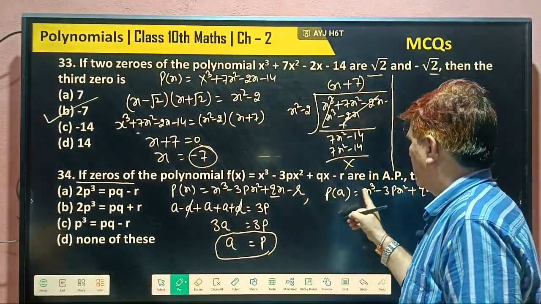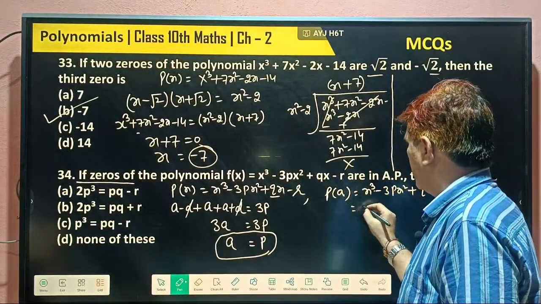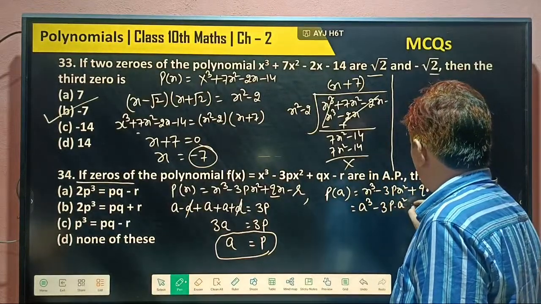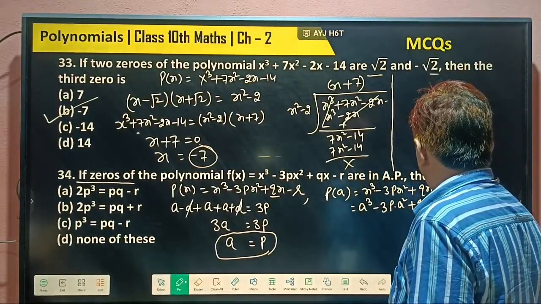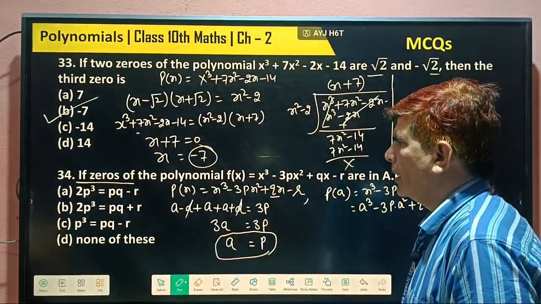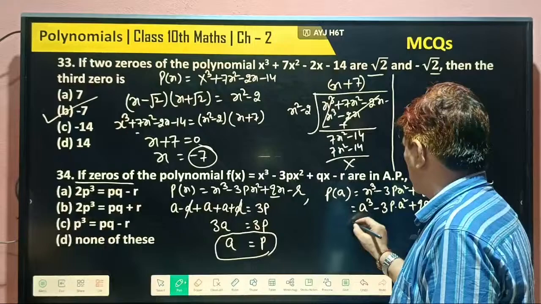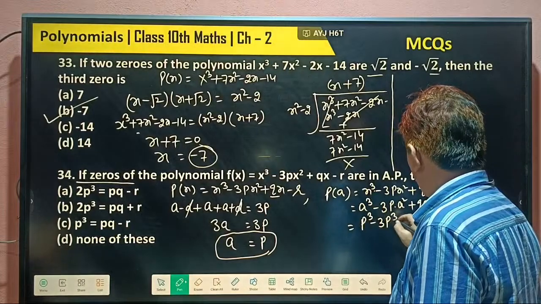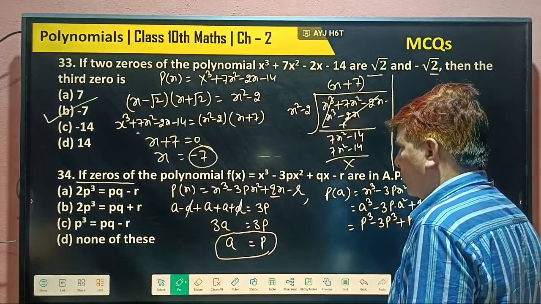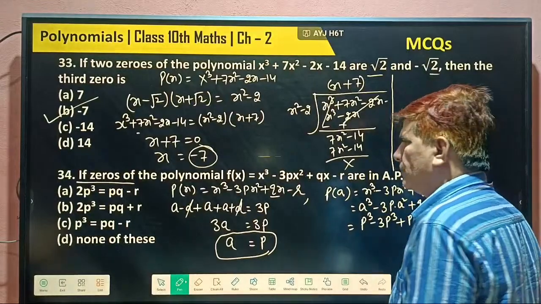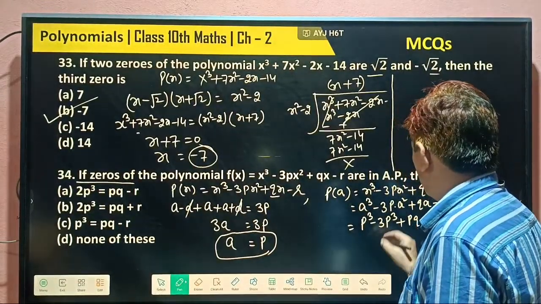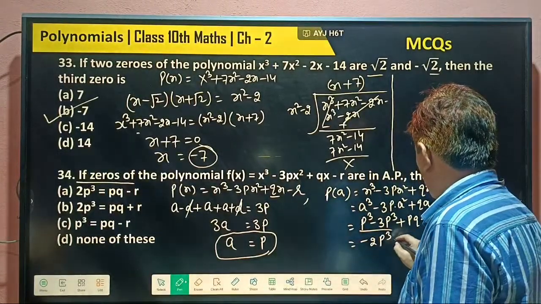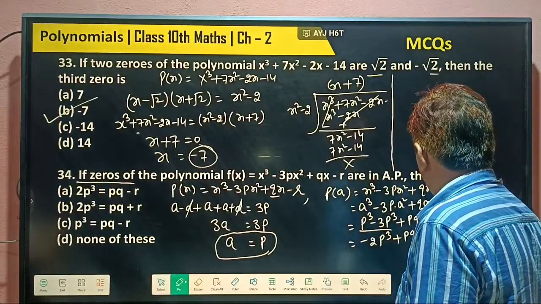This becomes a cube minus 3p into a square plus qa minus r. But a equals p, so we can put p cube minus 3p cube plus pq minus r. So how much is this? It is equal to minus 2p cube plus pq minus r.